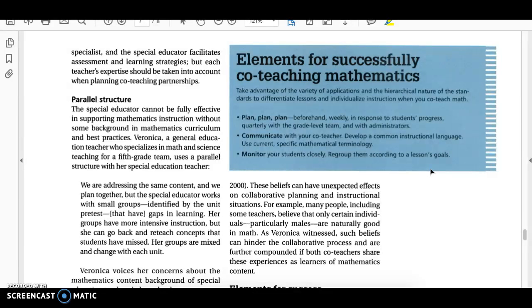And so I think the structure is a great idea for students that may need a little extra help.